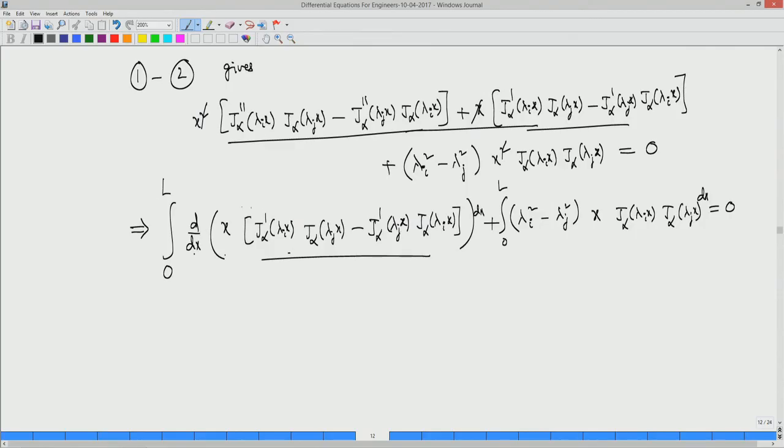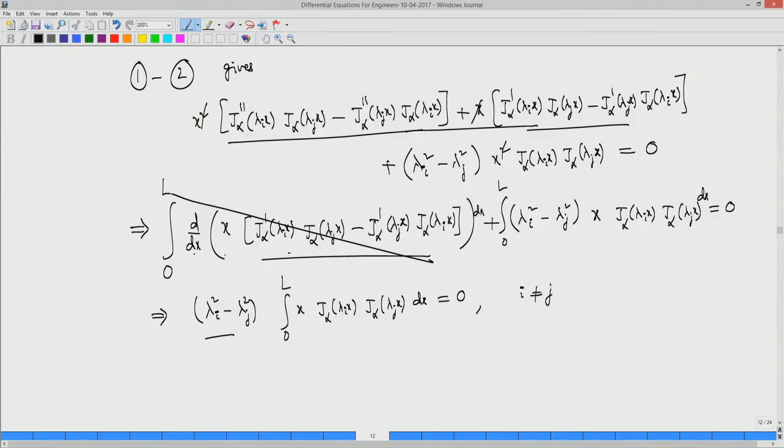So, at L this part will be 0. When you put x equal to 0, x into whatever quantity, or its derivatives at 0, it will be 0. So, overall this quantity will be 0. What is left is the other part, that is lambda i square minus lambda j square into this integral. There is a constant, I take it out: integral of x times j alpha of lambda i x, j alpha of lambda j x dx equal to 0. Because i is not equal to j, this cannot be 0.